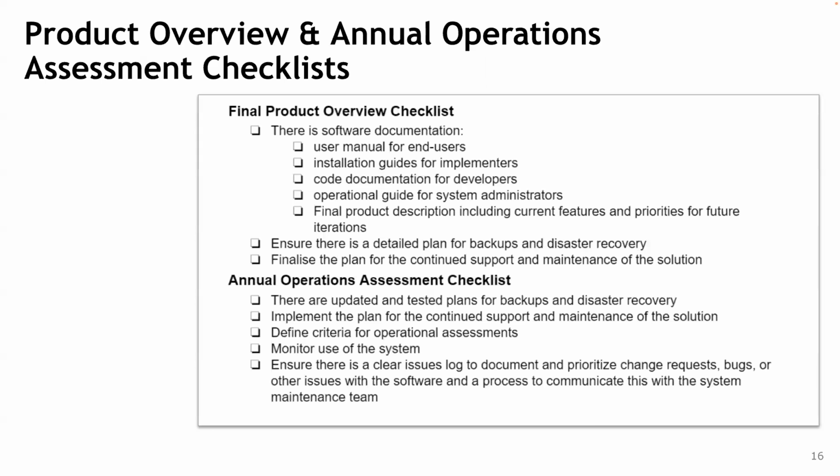Right, so from a final product overview, this is by no means exhaustive. We're now at the end of the development cycle, testing cycle, and the aim is to make sure that we've got a checklist, as a minimal viable product, you could say, that outlines the main aspects that we want available.